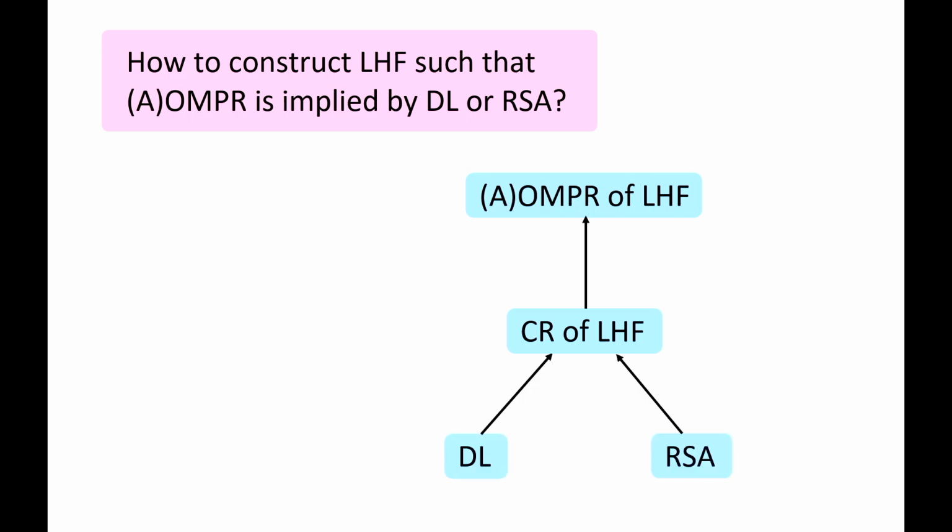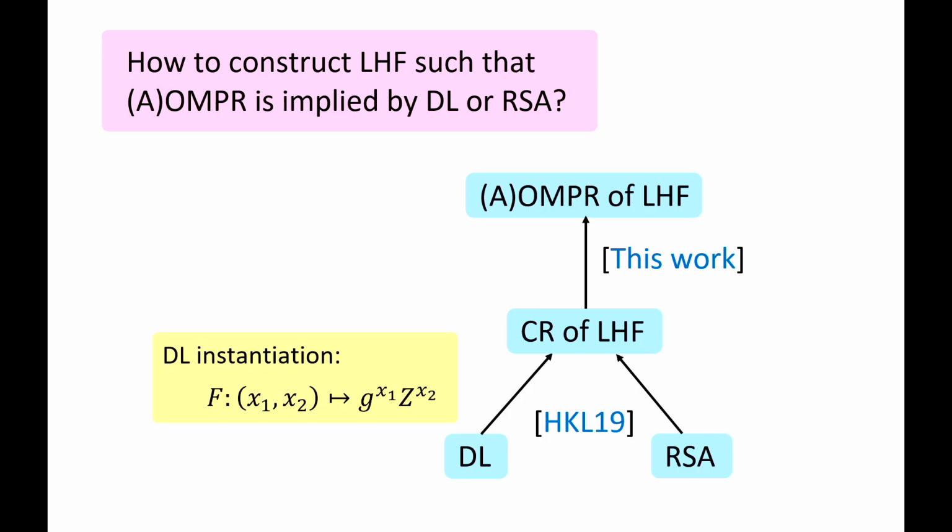The second step is to construct the linear hash function such that the collision resistance property is implied by d-log and RSA. Our main contribution is in the first step, while for the second step, we just adapted the previous constructions, like for example the d-log instantiation which we mentioned before.